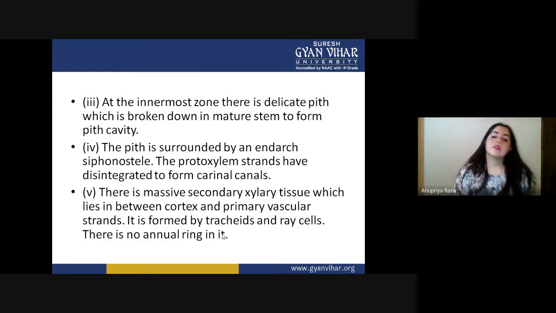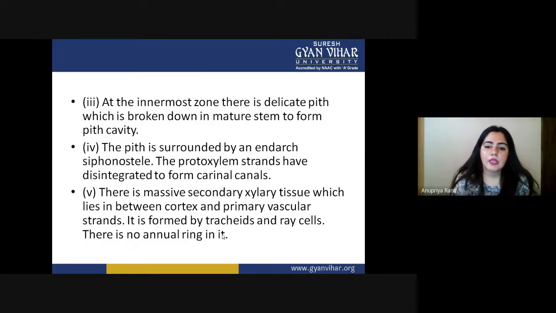So the whole endarch stele and the protoxylem strands are present there to give support so that it does not get converted into a cavity. This entire siphonostele shows that they do not possess a simple stele. Instead of a simple stele, they have the advanced, complicated one, called a siphonostele.